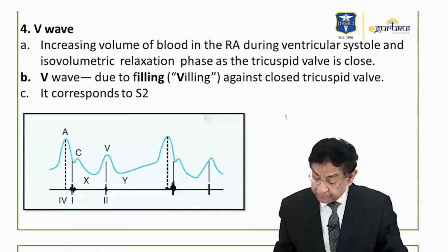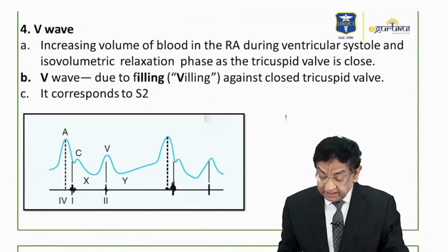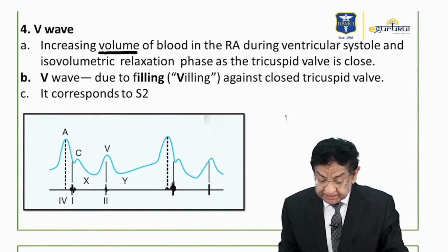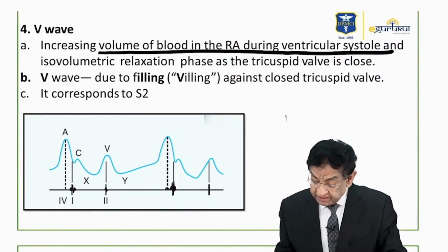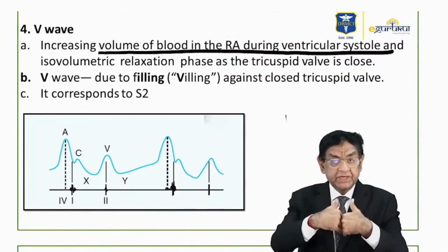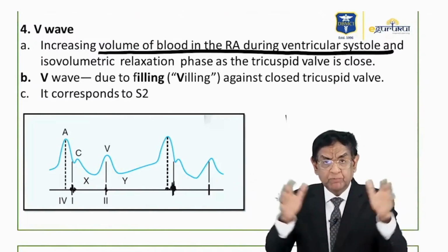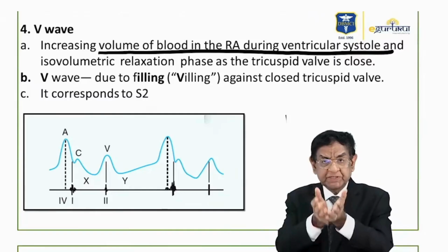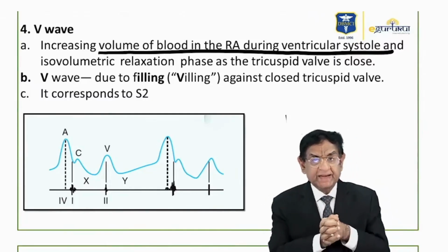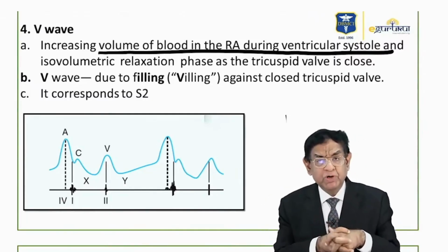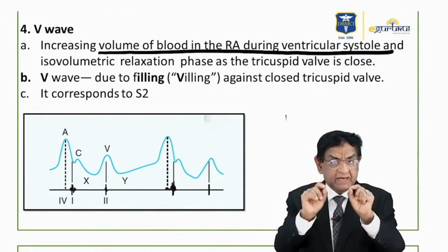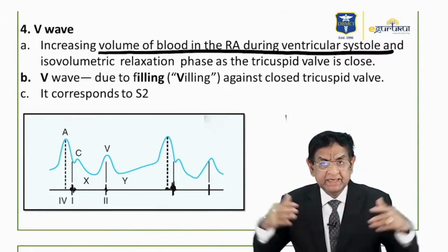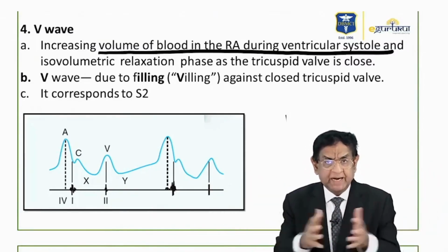V wave, well, ultimately an increased amount of blood is coming into the right atrium during ventricle systole. Initially it went down, now more and more blood is coming, and the pressure starts rising again. Remember, I'm talking about atrial diastole, where the atria is relaxing and getting more and more blood.